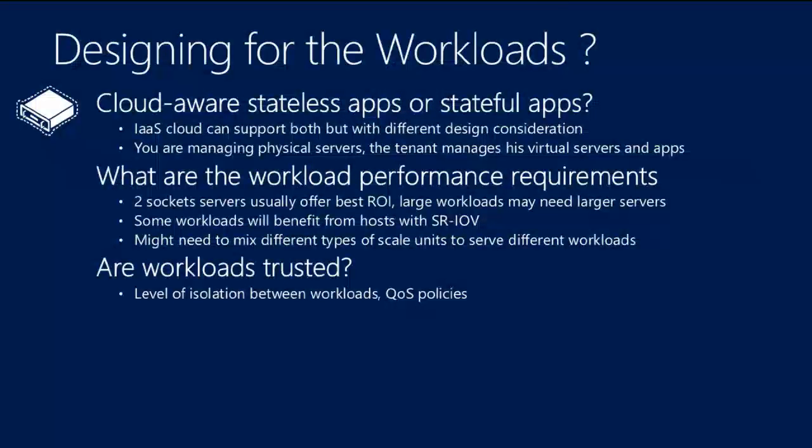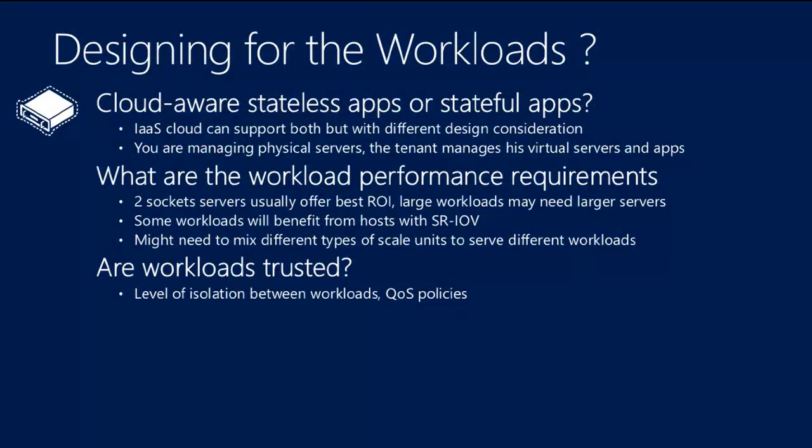You do need to think about whether you have workloads that you're expecting to run that will have unique performance requirements. In general, 2-socket servers are the best ROI today. Large workloads will run well on them, but if you have a very, very large workload, maybe you still want to do something unique for that.